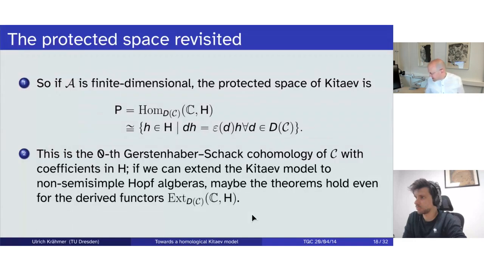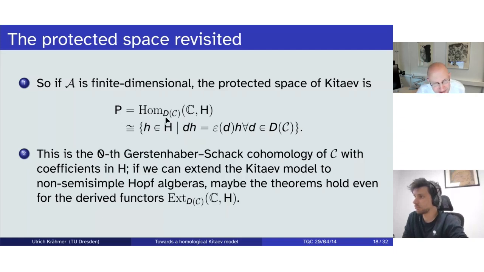Cool. So, last bit of the elementary part. Now you can revisit the protected space that we had. I said the protected space was the Yetter-Drinfeld module morphisms from the trivial Yetter-Drinfeld module to H. So now in this finite dimensional situation, Yetter-Drinfeld modules are just modules over this Drinfeld double of curly C, by which I mean the tensor product of S many copies of A, where S is the number of sites.